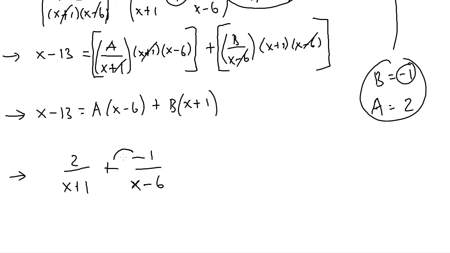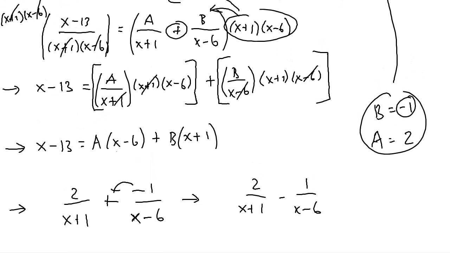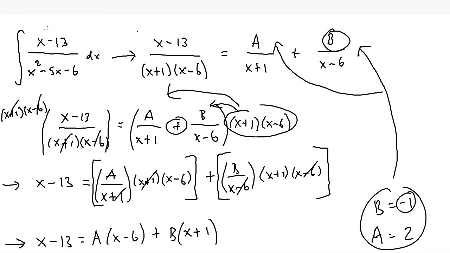And I can distribute the negative out front, so I get 2 over x plus 1 minus 1 over x minus 6. And this is what it looks like when I have broken down the fraction of x minus 13 over x squared minus 5x minus 6.